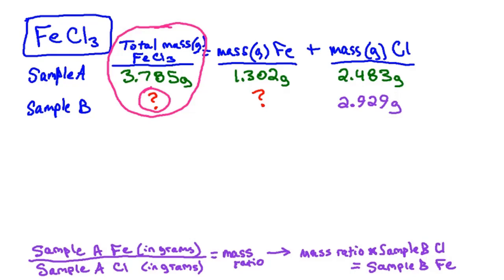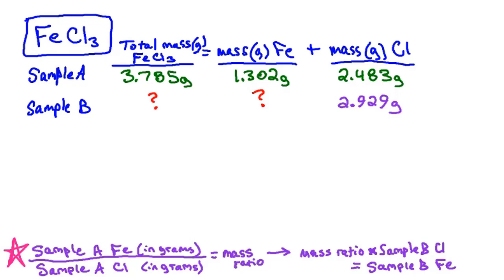Well, let's go back and start from scratch, and we're going to use this mass ratio method to solve this table, because this method is the most accurate, and this really demonstrates the law of constant composition, which is what we're talking about for your chemistry subject.